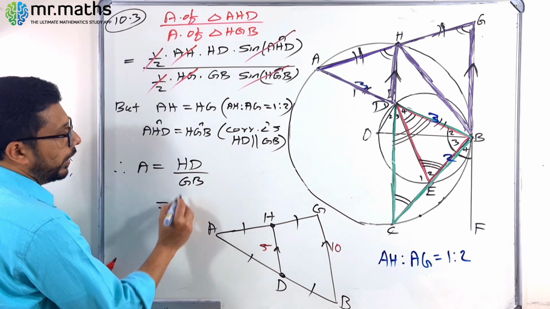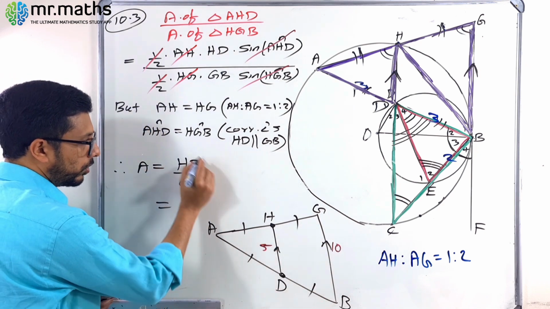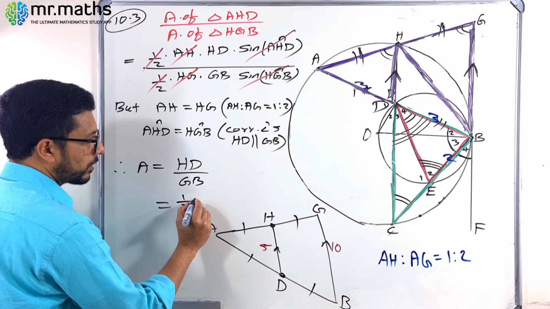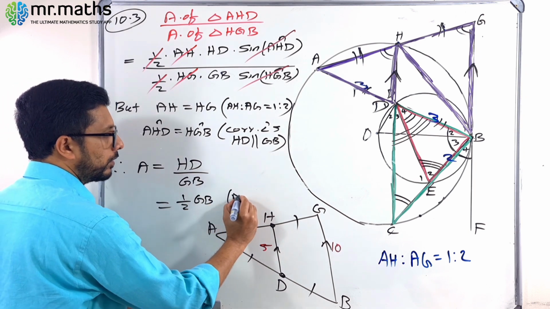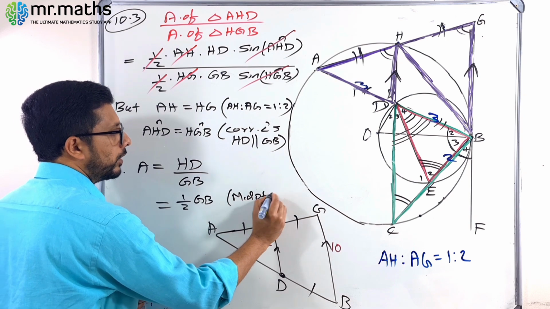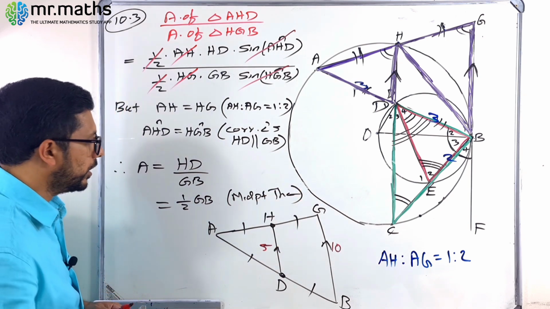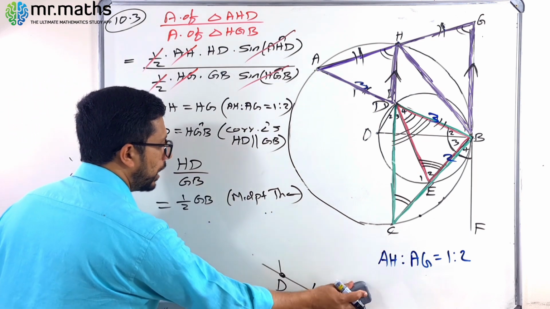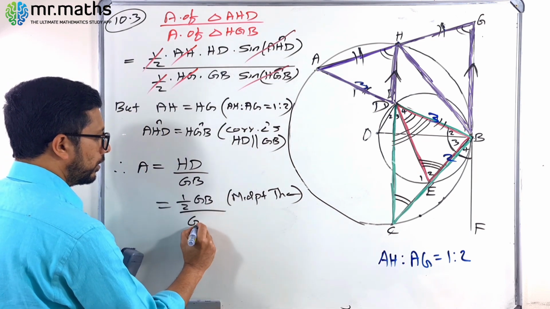Now HD is half of GB. So instead of this HD, I can write it as half of GB. What is the reason? The midpoint theorem. Using the midpoint theorem, HD is half of GB. Then the whole divided by another GB.